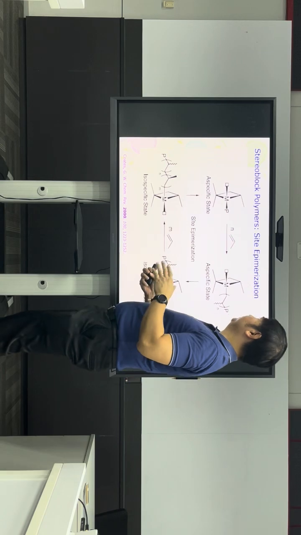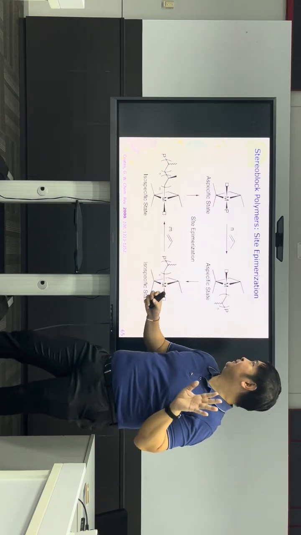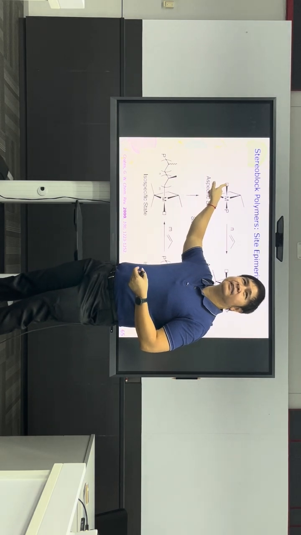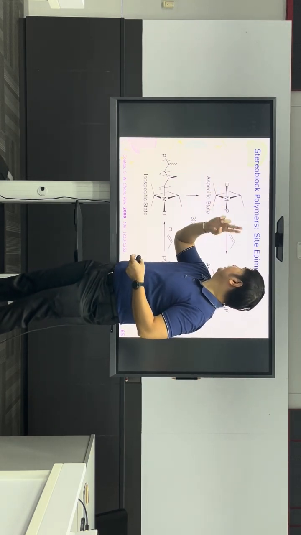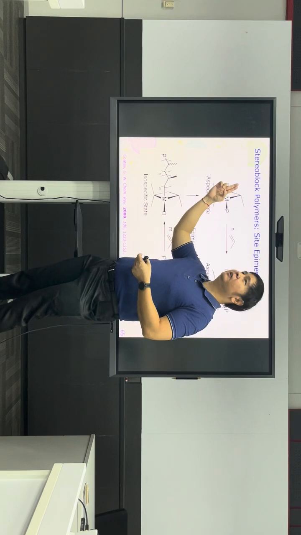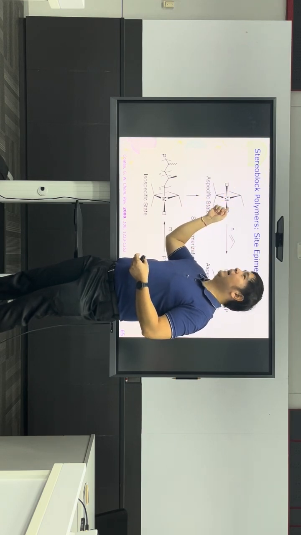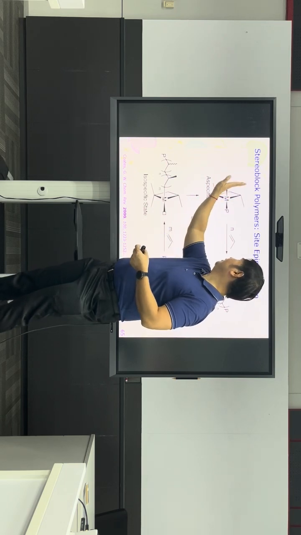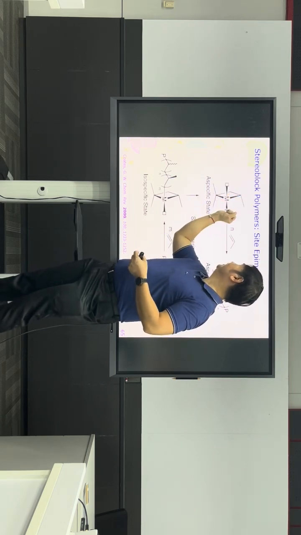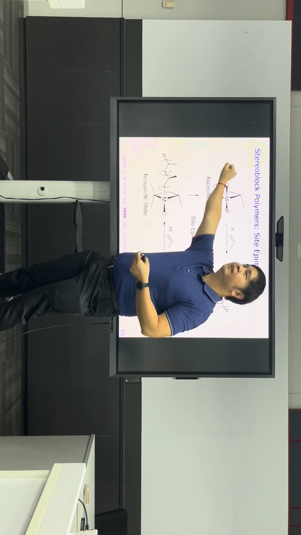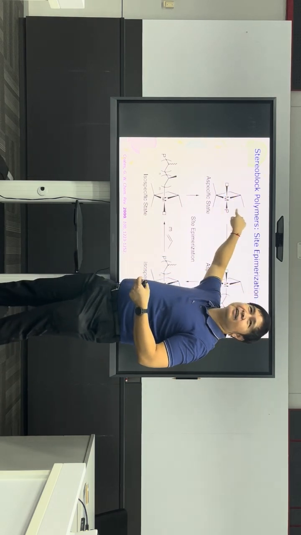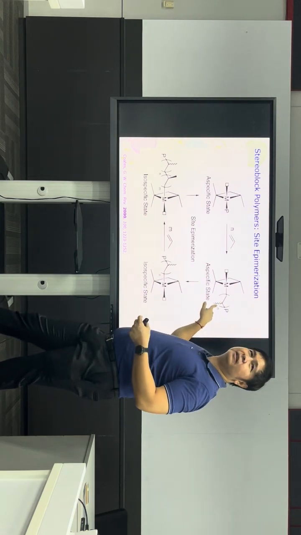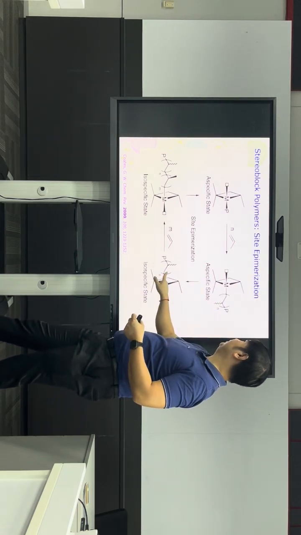For those of you who don't understand, let me explain the site epimerization again. This is the empty site, right? This is the empty site. Before the monomer comes in, the R group switches, site epimerization occurs. Before ethylene or propylene comes in, this group moves to this side, and now you can see it's random, right? So when this happens, you will always get atactic polymer.